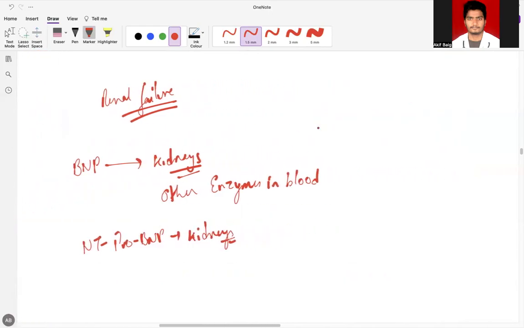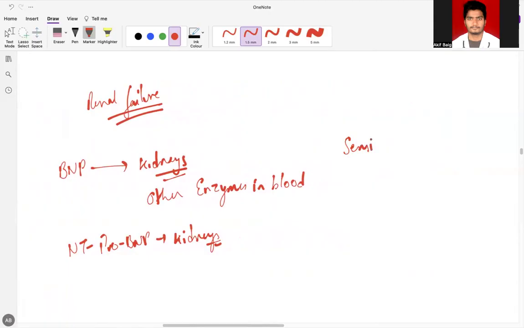And BNP is very sensitive to acute volume changes.